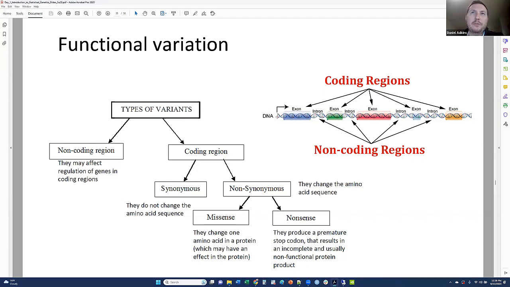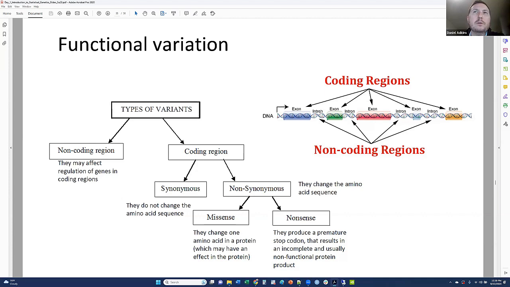And over here, there's something called a promoter that we'll discuss briefly. Basically, exons are the parts of the DNA that are actually used to transcribe the RNA that's then going to make the protein. The introns actually get snipped out of the RNA transcript before the protein is made.